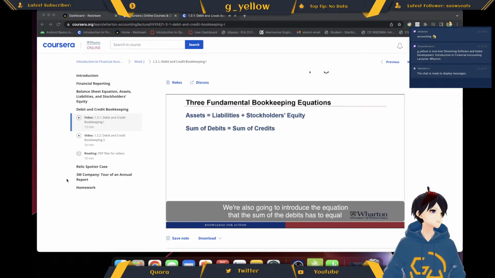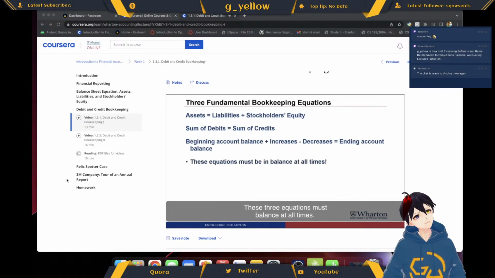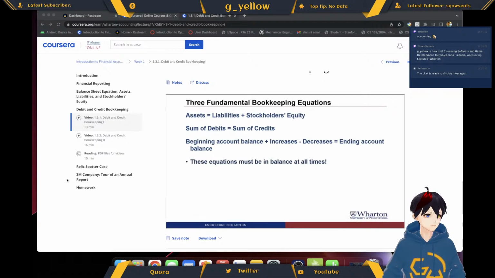We're also going to introduce the equation that the sum of the debits has to equal the sum of the credits, and that the beginning balance of an account plus increases minus decreases has to equal the ending balance in an account. These 3 equations must balance at all times. And this will come in handy because many times we'll be missing one piece of information, but we'll have everything else. And then we can use one of these equations to figure out the piece of information that we're missing.